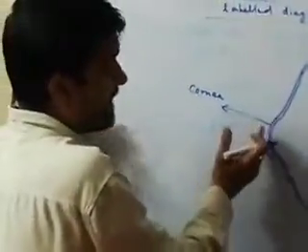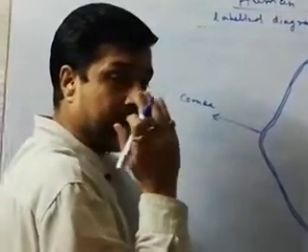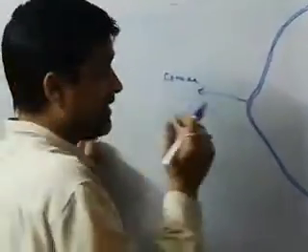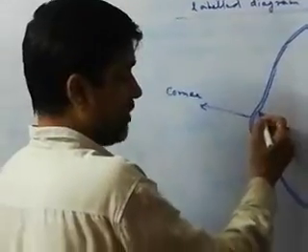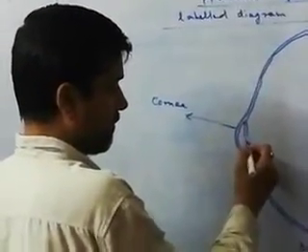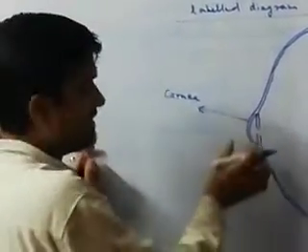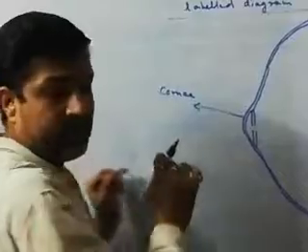Now inside the cornea, the brown and black part is the system called iris and pupil. The iris is a diaphragm.